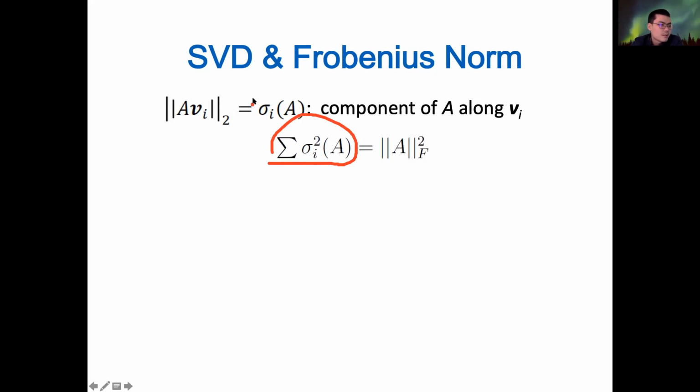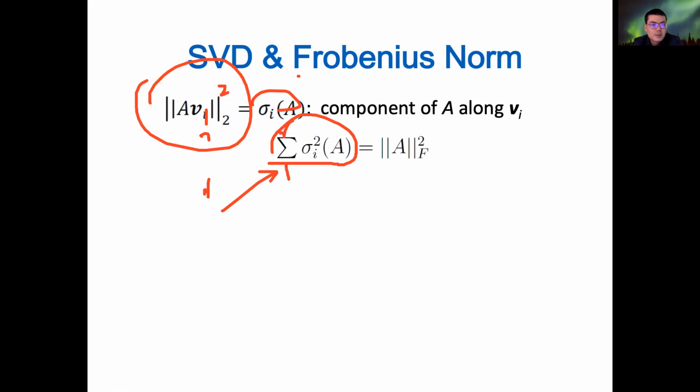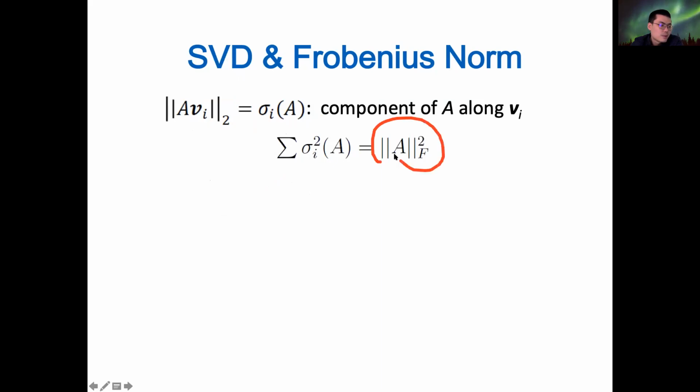You have the singular values, you square them and take the sum. Remember, squaring them gives the component without taking the square root. This runs along the first dimension, second dimension, all the way to the last dimension, from 1 to r, just in case you don't know what it means. And this is really equal to the Frobenius norm of A.